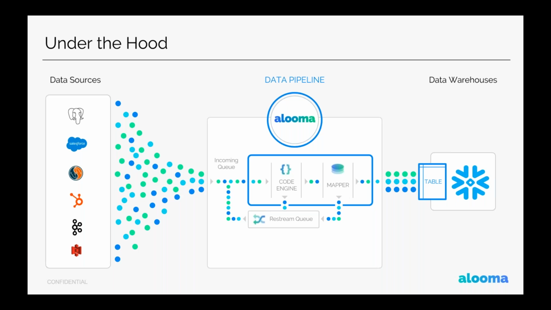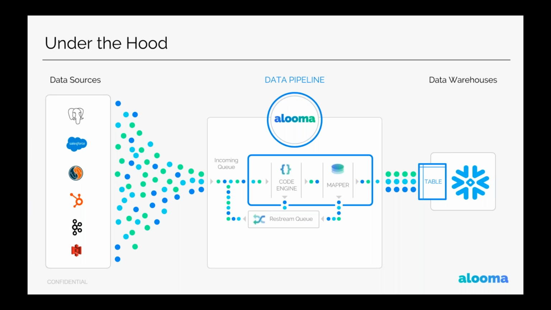The first step is a code engine, which means run any code on the data, transform it or enrich it. And I will go through some examples of what can be done with data. These transformations can be on a per event basis, so we can take one event every time and transform it or change it. Or we can actually aggregate events that come in at different times.